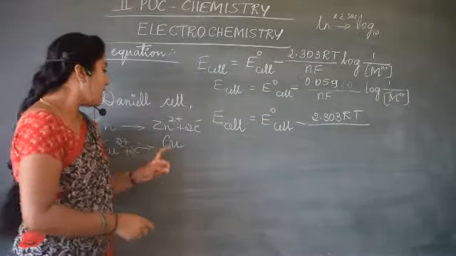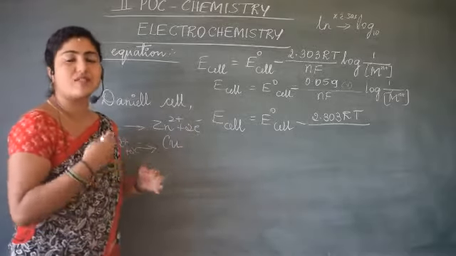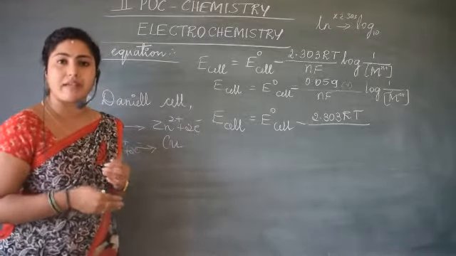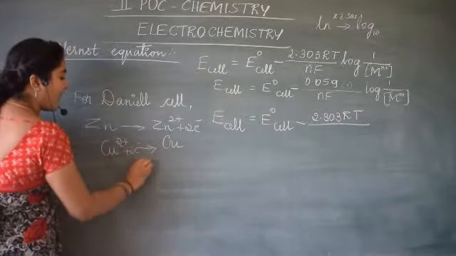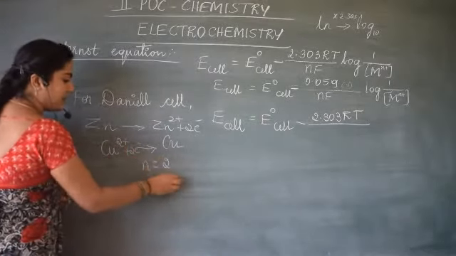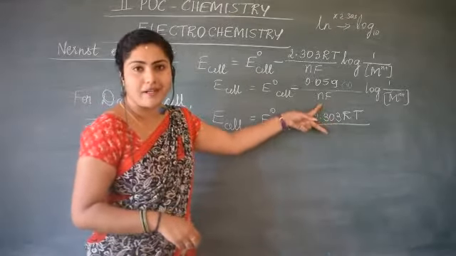Am I right? Now here 2 electrons is the difference. That means during the whole cell reaction, 2 electrons are involved. Therefore, the value of N will be 2 here. So we have to write 2 in the place of N.